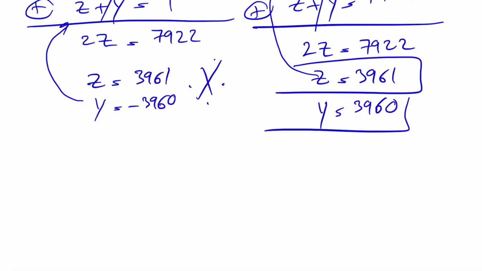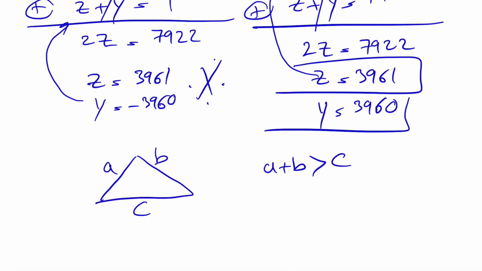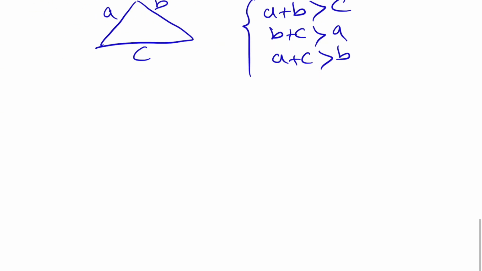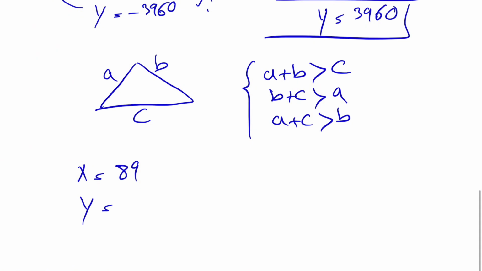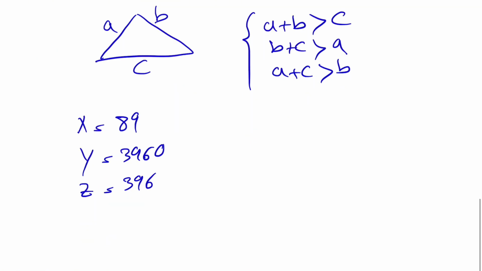Now there's one thing that we have to check. We know in a triangle we have a rule. If we have this a, b, c, we know a plus b has to be greater than c, and b plus c has to be greater than a, and also a plus c has to be greater than b. So we have to be mindful of this one. What we found for our triangle, we have our x 89 from the beginning, we found our y 3960, and we have our z 3961.